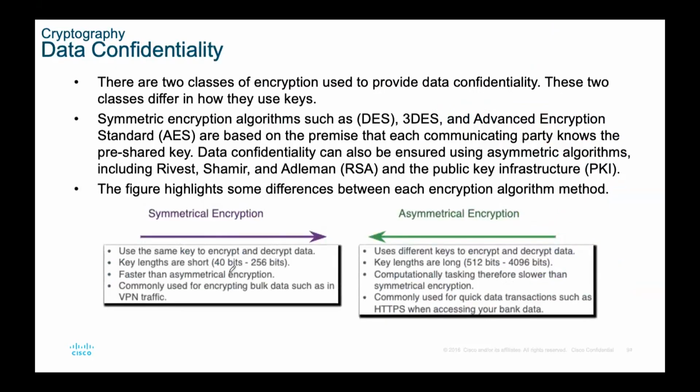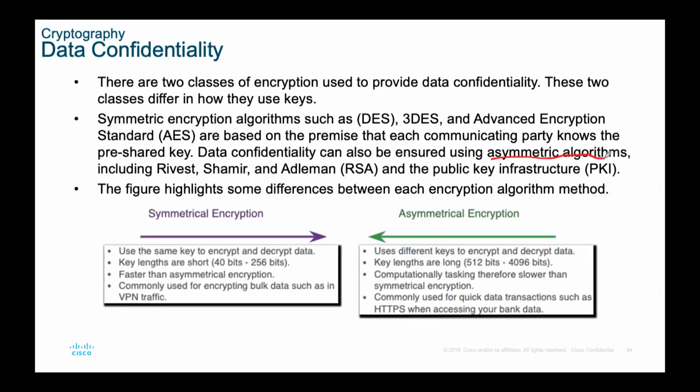Data confidentiality can also be ensured using asymmetric algorithms, including Rivest, Shamir, and Adleman, RSA, and the public key infrastructure, PKI.